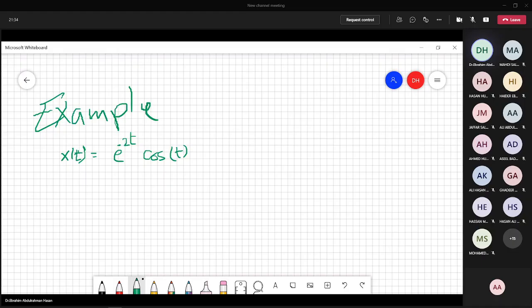Well, if you plot it, we are familiar with this one. It is cosine exponentially decayed. If you remember from the circuit, it becomes something like this.